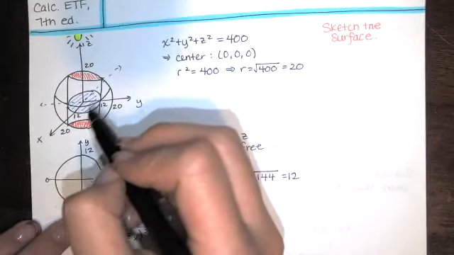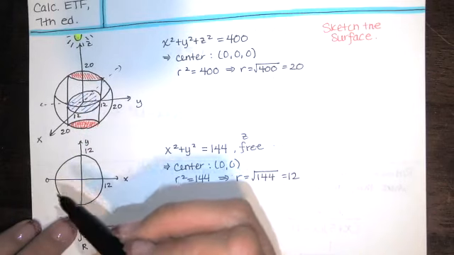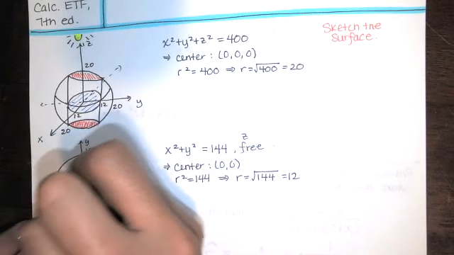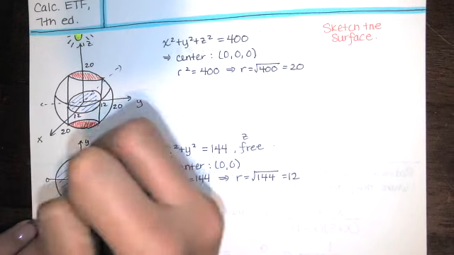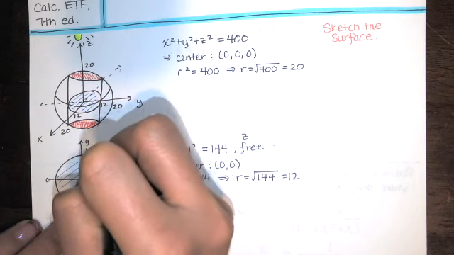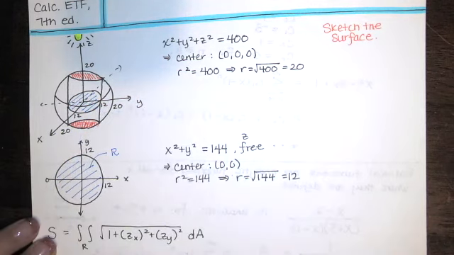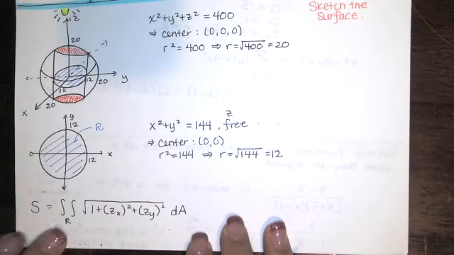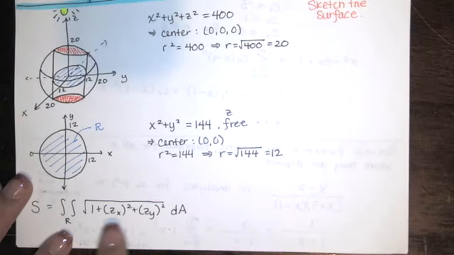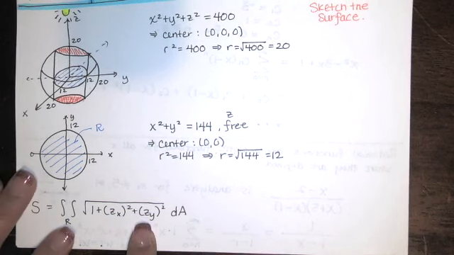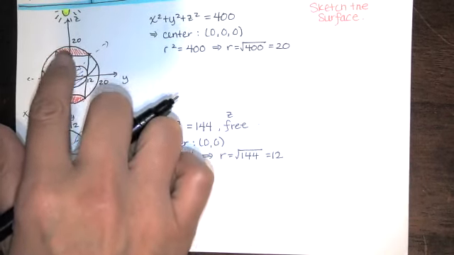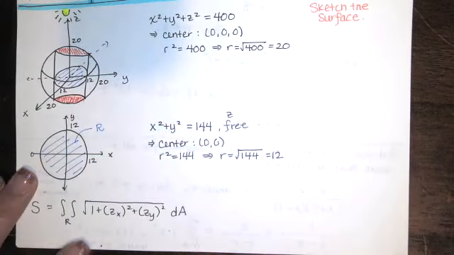We want the x and the y that are associated with z values on our surface. That's a projection. So that circle of radius 12 centered at the origin in the xy plane is our region R. And z is the function of two variables, x and y, that describes that surface.